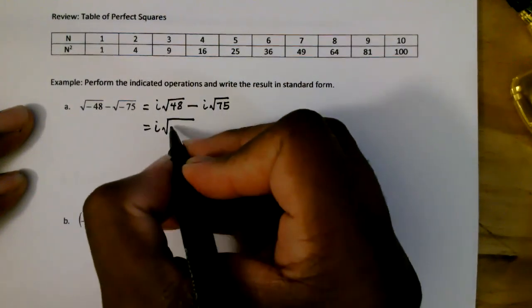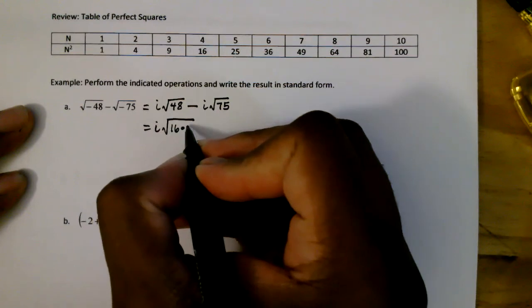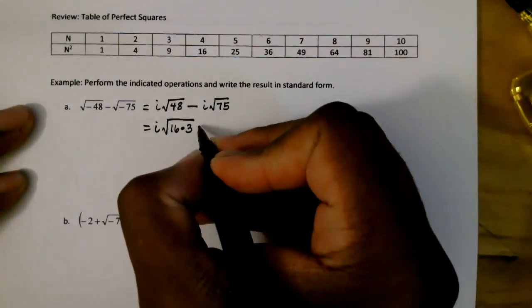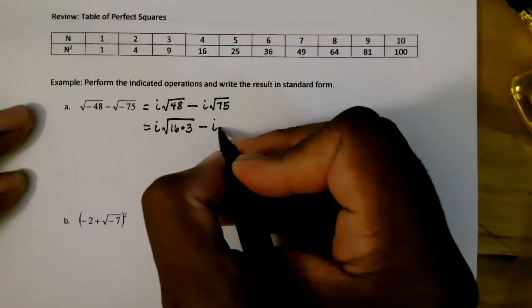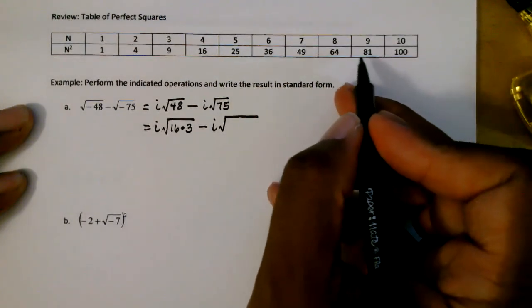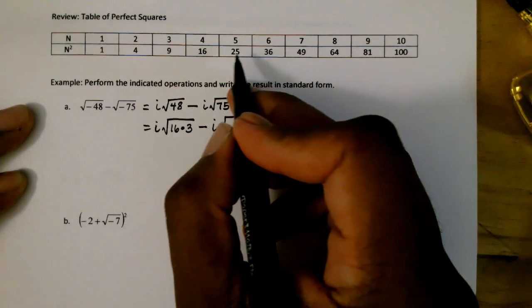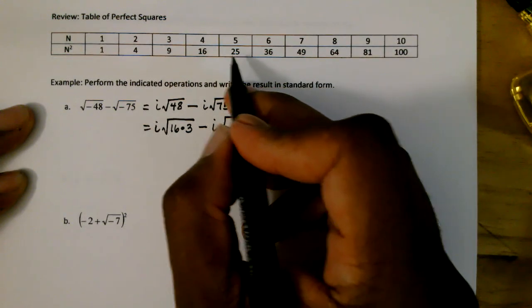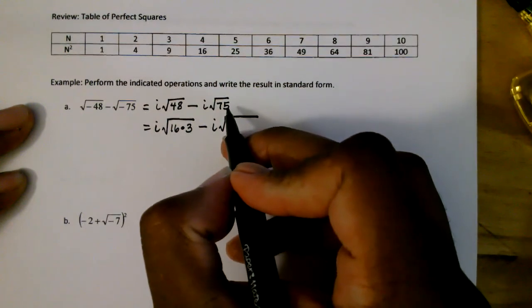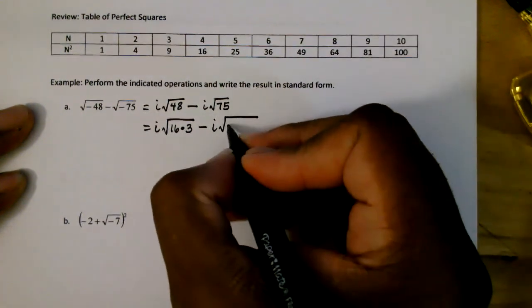So this is i times the square root of 16 times 3, because 16 times 3 is 48. And then minus i times, well, 75 is not a perfect square. I need the largest perfect square that goes into 75. Well, in this case, it looks like 25 will have to work because 25 goes into 75 3 times.